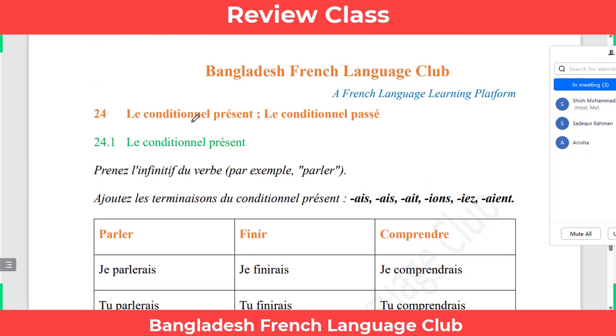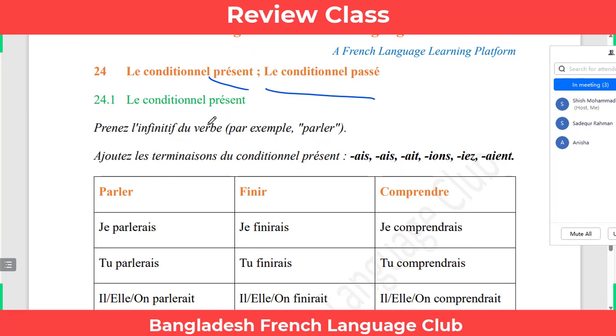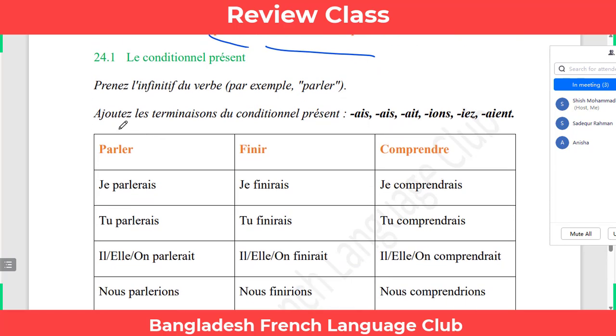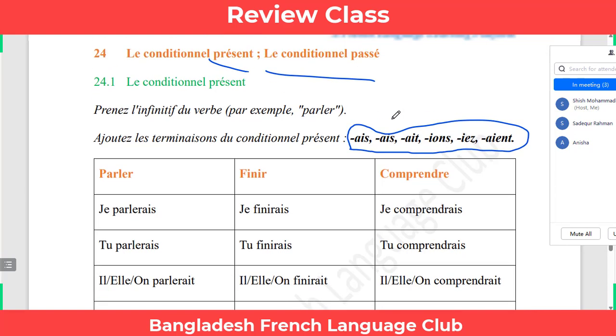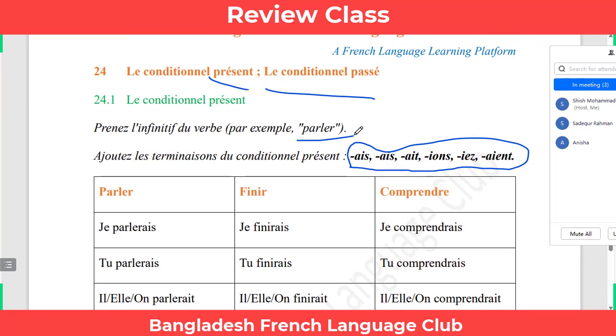Okay, le conditionnel présent, le conditionnel passé. So le conditionnel présent is formed like this: prenez l'infinitif du verbe, par exemple parler, then ajoutez les terminaisons du conditionnel présent. Here you can see the endings of the imperfect, but we just need to take the full form of the verb.